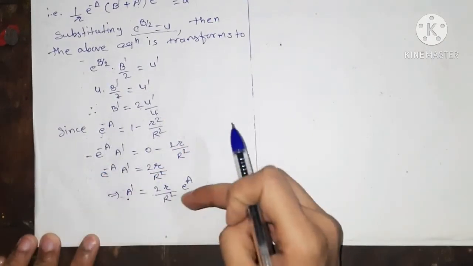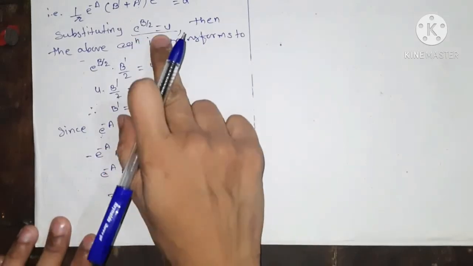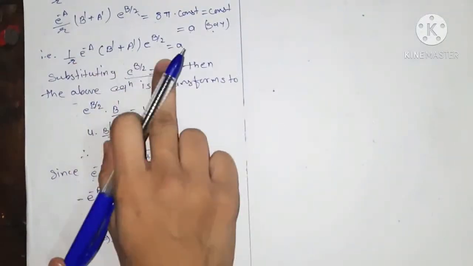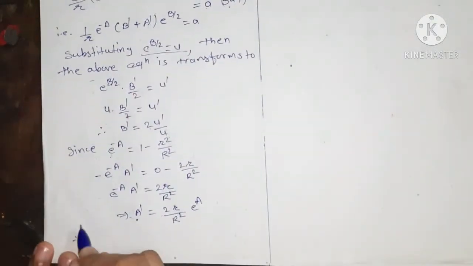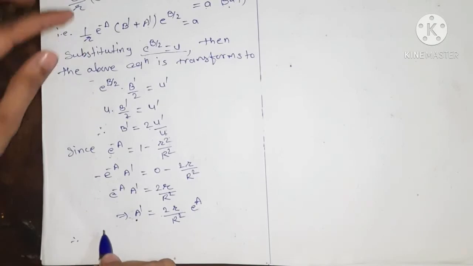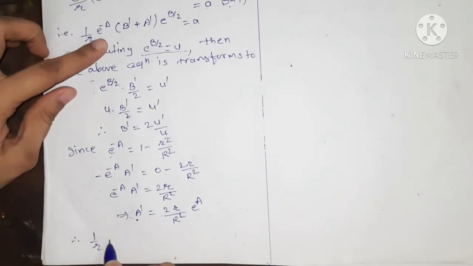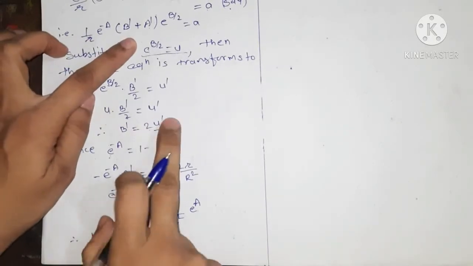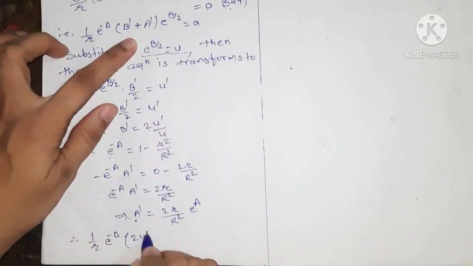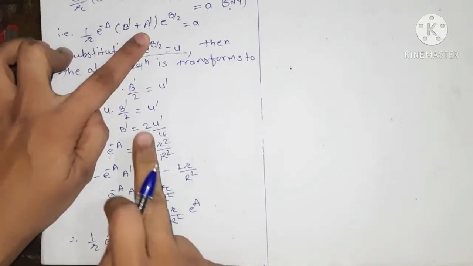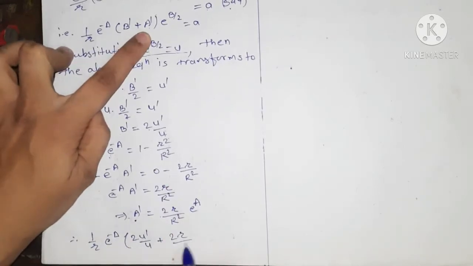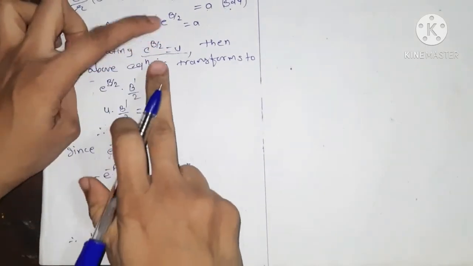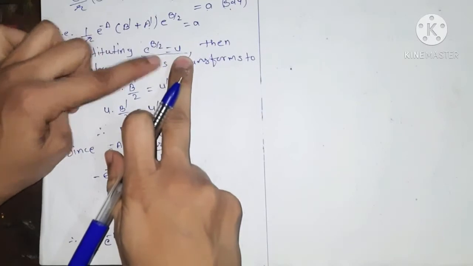Now we substitute the value of a dash, b dash and e to the power b upon 2 equals to u in this equation. Okay, so our equation becomes, therefore, 1 upon r e to the power minus a into b dash, which is equals to twice u dash upon u. So we write here 2 u dash upon u plus a dash is equals to 2r upon capital R square e to the power a. E to the power b upon 2, we substitute this as equals to u.